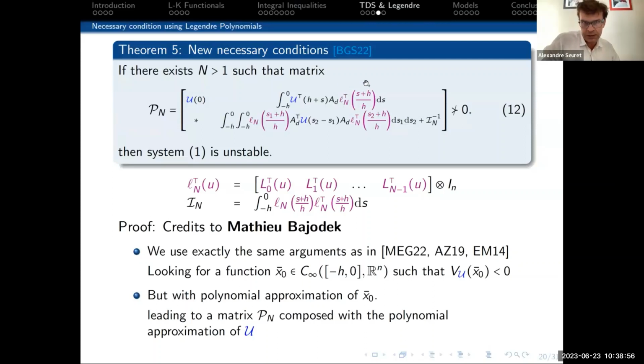and the projection of the Lyapunov matrix onto the Legendre polynomials. This object here is a collection of Legendre polynomials, and this matrix here is just the Gram matrix of the Legendre polynomials. So how does it work? We use exactly the same argument as in the work of Mondie, Alexandrova, Egorov, and so on.